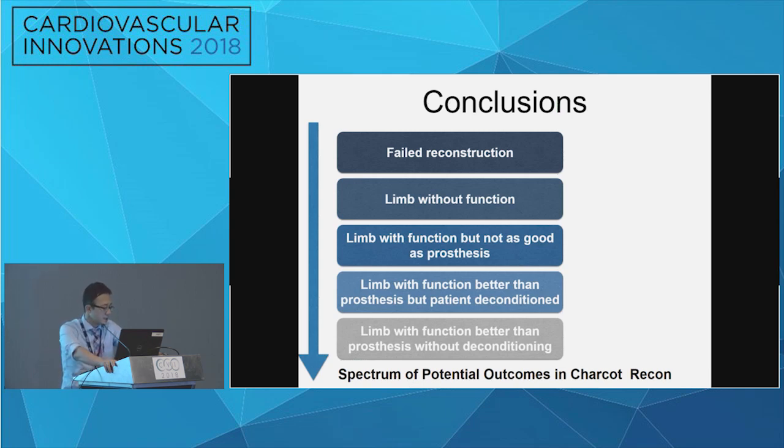Limb salvage, but without function, which is not good either. If you salvage the limb with function, but it's not as good as a prosthesis, is it considered success? Well, a limb with function better than a prosthesis, but the patient significantly deconditioned and lost independence. Is that a successful reconstruction? A limb with function better than a prosthesis without deconditioning. That's what we're aiming for.